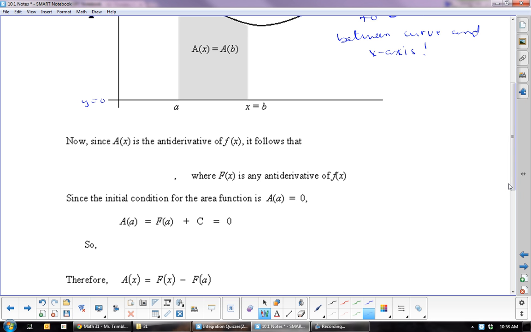Okay, now since A of x is the antiderivative of f of x, it follows that if you take the derivative of the area, you get f of x. So the derivative of the area gives you the function. Now, A of x is the same thing as capital F of x plus c.